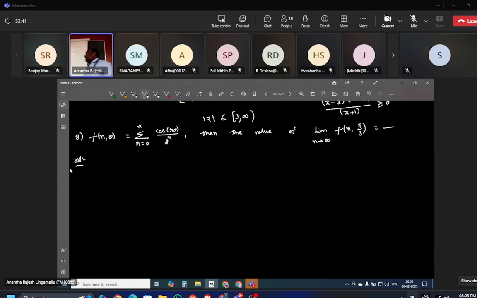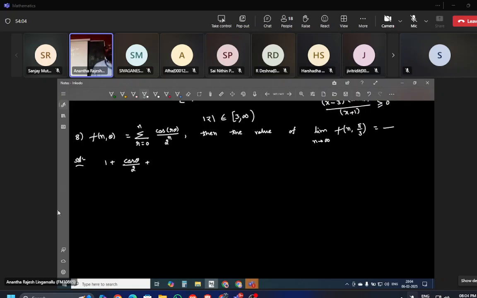So can we expand sigma first? Put r equal to 0: cos 0 is 1, 2 power 0 is 1, so 1 by 1 is 1. Plus, put r equal to 1: cos theta by 2.